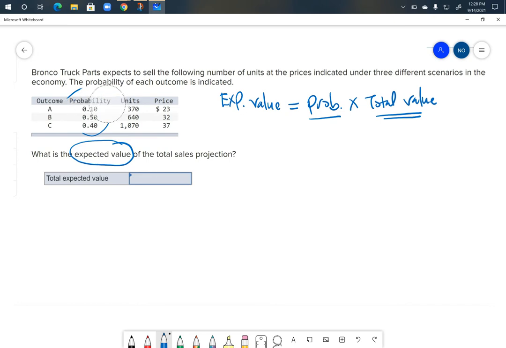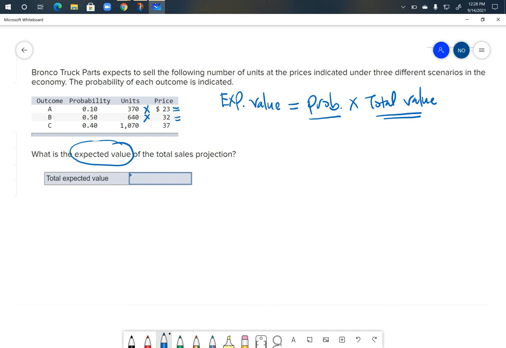So to determine the total value, we simply take the number of units times the price, and this will give us a total value. For outcome B, we take the number of units times the price.